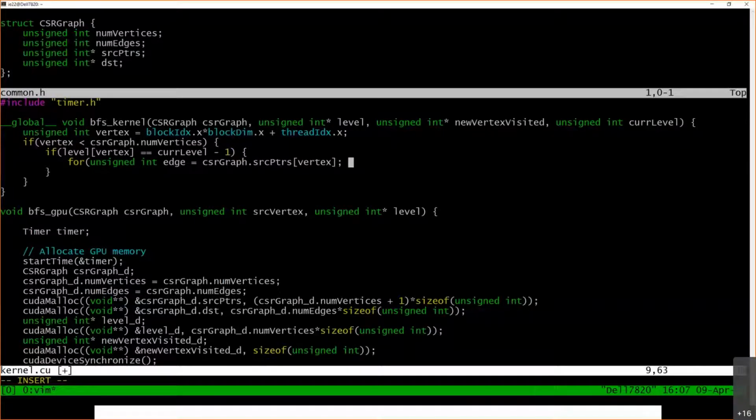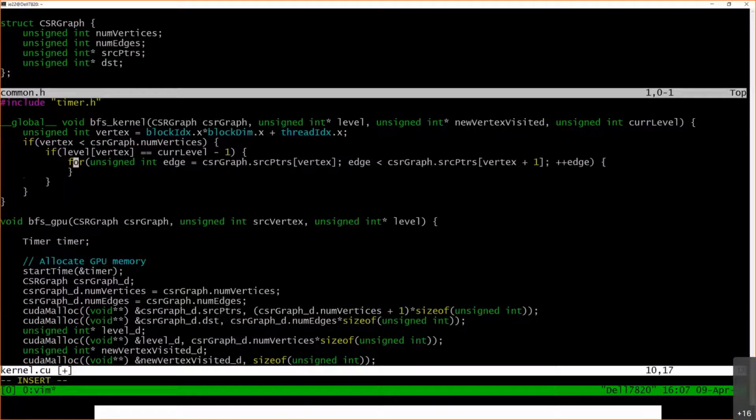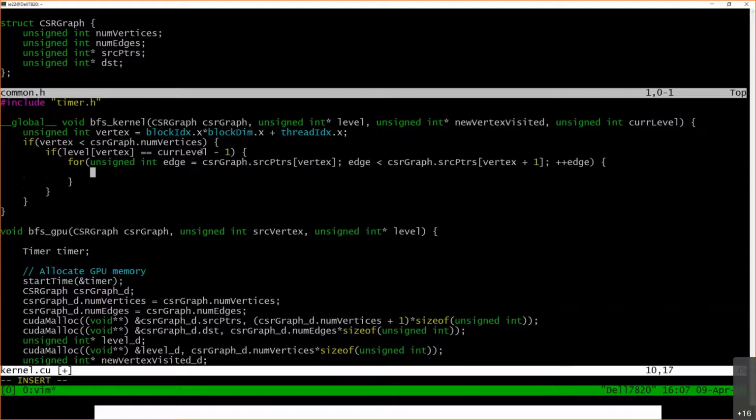It's where the neighbors of the next vertex begin. So I'm going to write edge is less than CSR graph dot source pointers of vertex plus 1, and then plus plus edge. All right, so now here I'm looping over the outgoing edges.